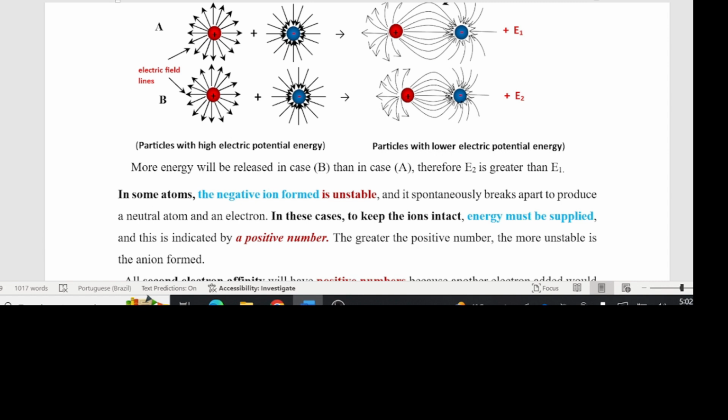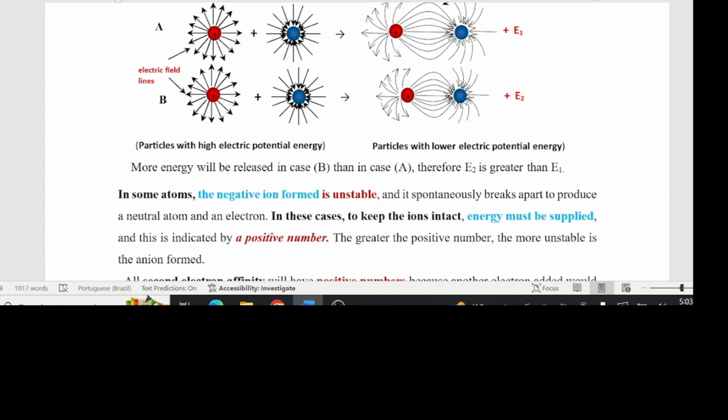Now let's see what is happening here. In some atoms, the negative ion form is unstable and it spontaneously breaks apart to produce a neutral atom and an electron. So in some cases, if you add an electron to the atom, it will break apart spontaneously to release back the electron and produce a neutral atom. In these cases, to keep the ion intact, energy must be supplied, and this is indicated by a positive number.